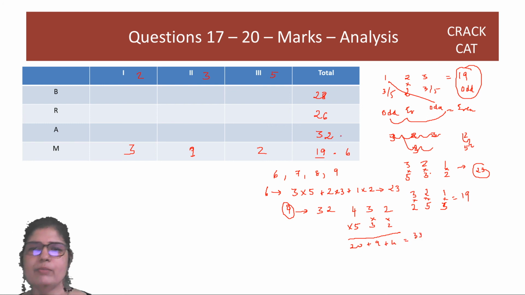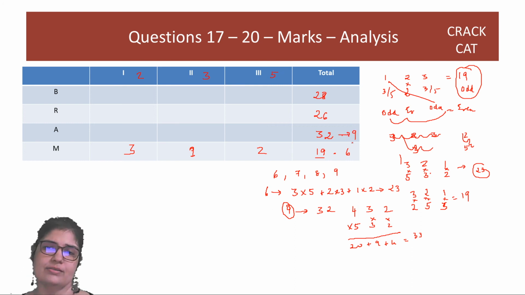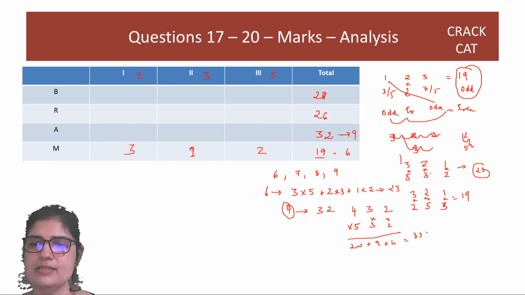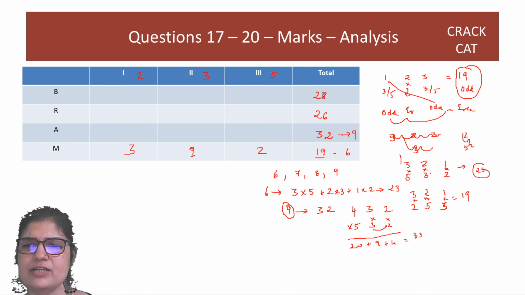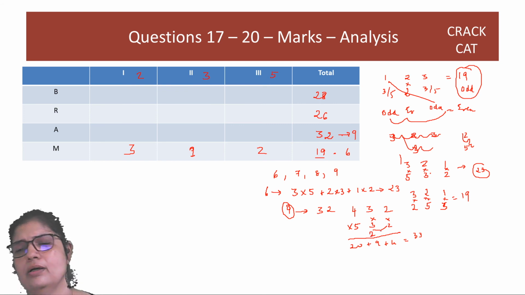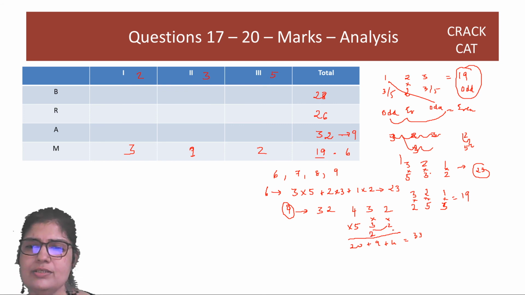This is just 1 mark less. If you see with 8 questions, you will not even get 30. So this 32 has to go with 9 questions. And now we have got 33. How can I change this 33 to 32? By just interchanging. We can have 3 questions in 2 markers and 2 questions in 3 markers.